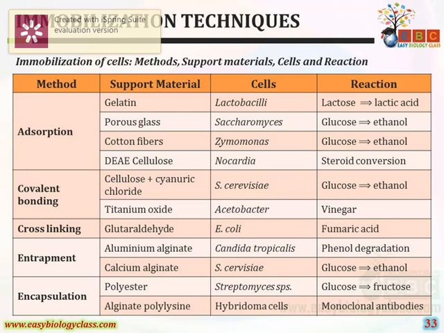The adsorption process can make lactic acid, ethanol or steroid conversion. Covalent bonding can make ethanol as well as vinegar. Cross-linking can make fumaric acid. The entrapment method can be used for phenol degradation and ethanol formation, and encapsulation can make fructose and monoclonal antibodies for medical purposes.